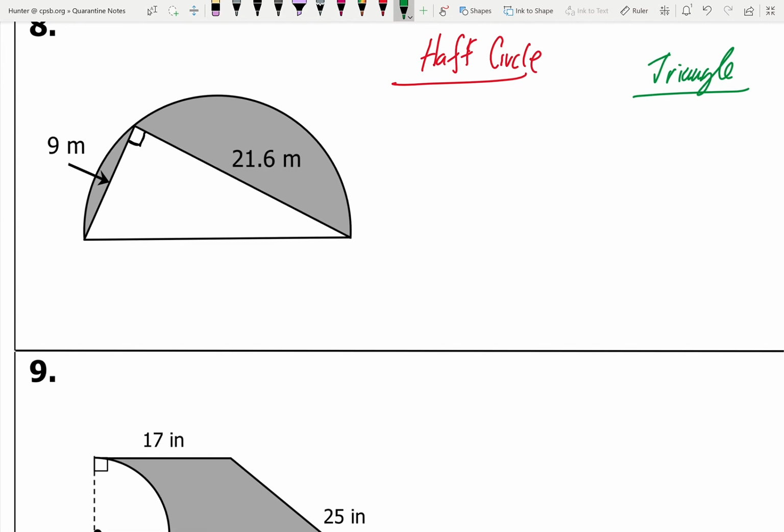So if we look at this, to find the area of the circle, I know I need the radius, which would be this portion right here. Okay. So if I found the whole entire thing, which is the diameter, I can then know what the radius was, right? But is there any way I could find this length right here?